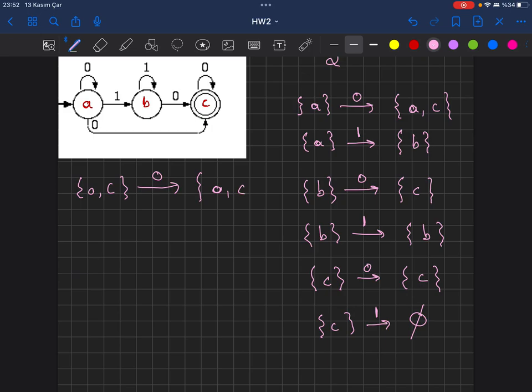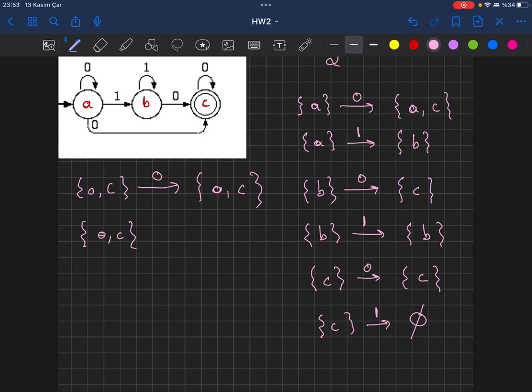And for C, look at C. C with 0 is going to itself. So A and C will be just A and C, returning to itself. We are just taking the union, right? So I will go one by one.